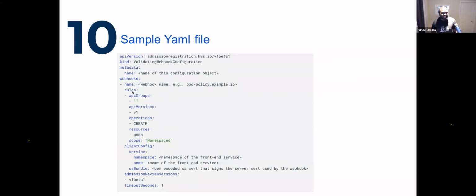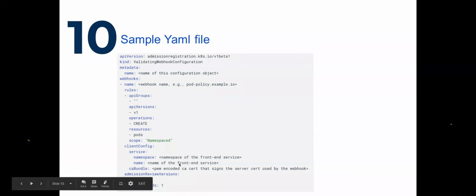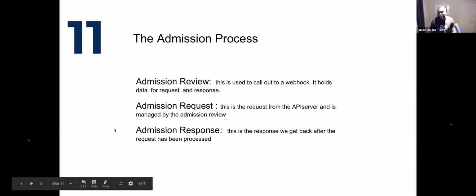Then rules is also a field inside of Webhook, and API groups and API versions are also fields of rules. It's a field you said, right? Yeah, field. Okay, thank you. Thank you so much for asking that.